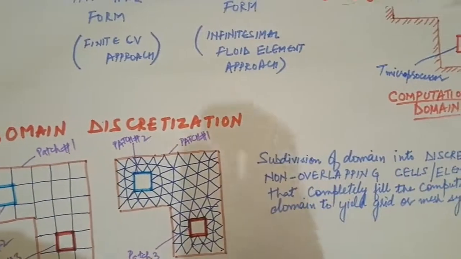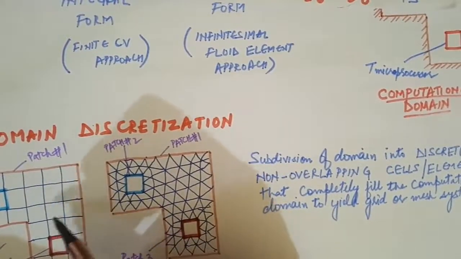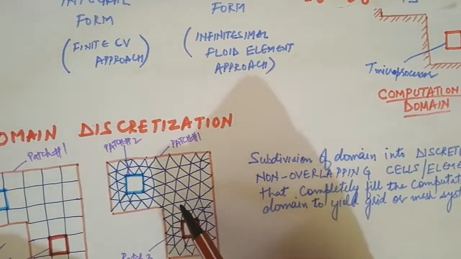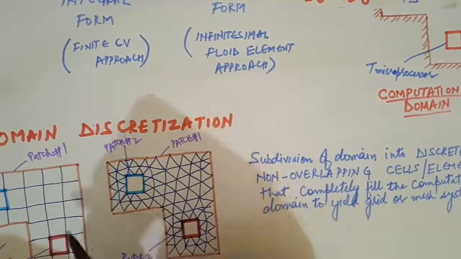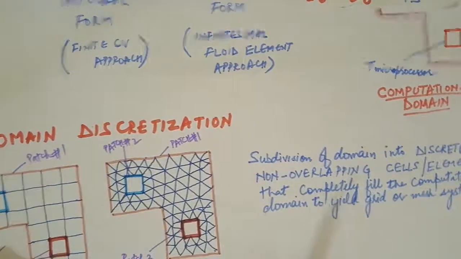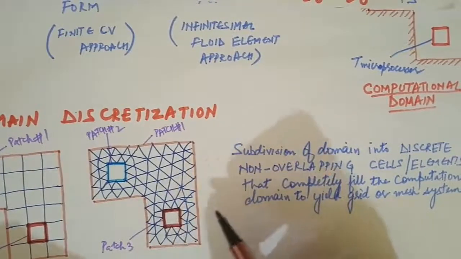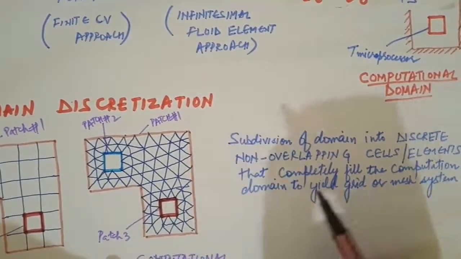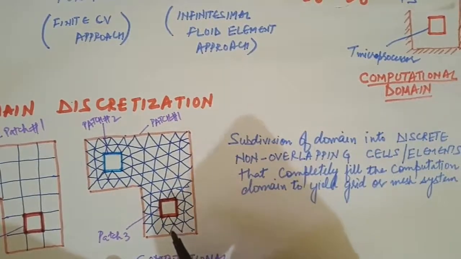And please remember, these subdomains or elements, whatever you call them, should be non-overlapping. That is the condition for this kind of domain discretization. Although nowadays you have the concept of overlapping cells also, we will not go into detail of those. We will restrict to the case in which the cells are not overlapping.